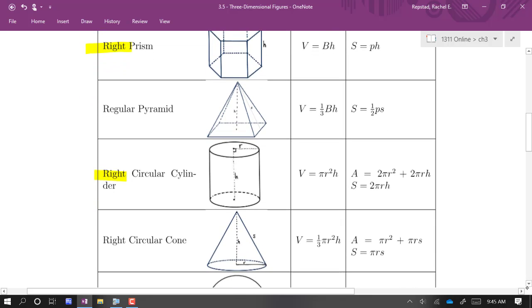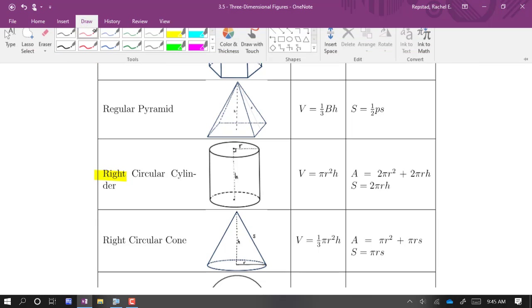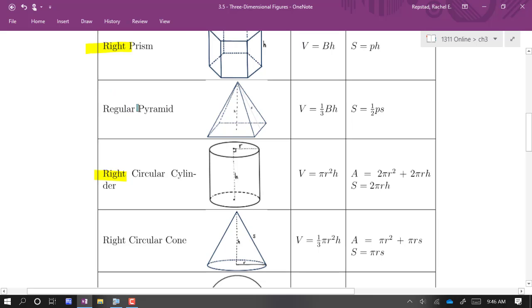Now, I'm going to compare the regular pyramid and the right circular cone. For the regular pyramid, you take any base. Here I've drawn that base as a rectangle, or maybe even a square, but the base could be anything. It could be a hexagon, it could be a triangle.